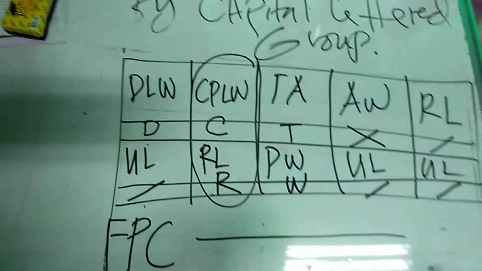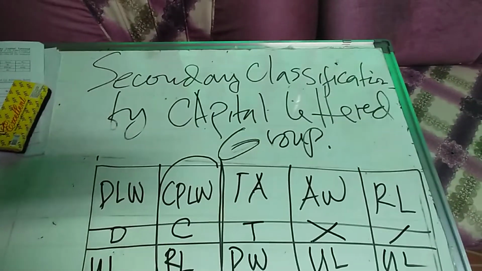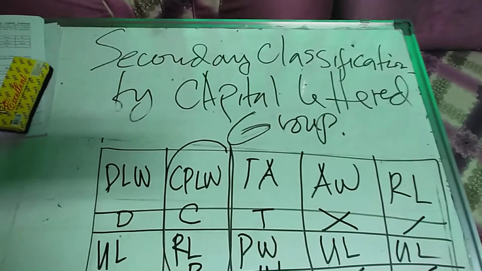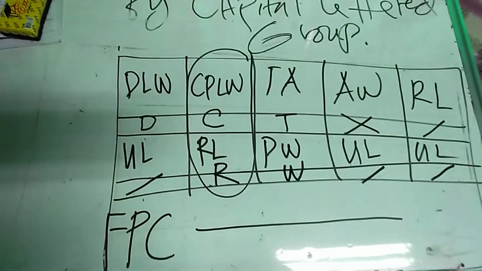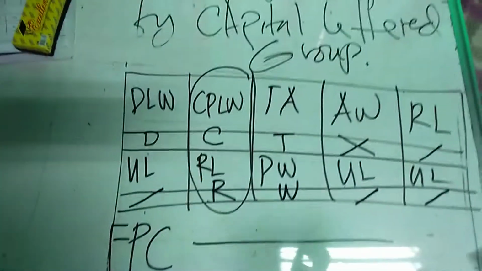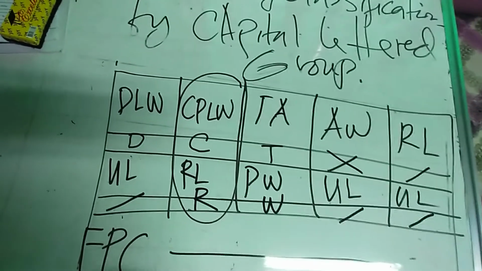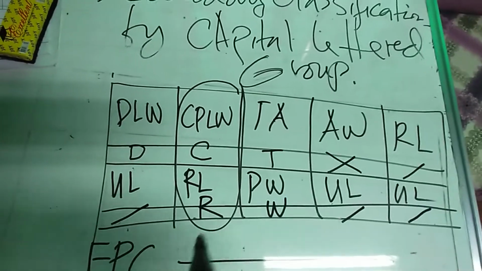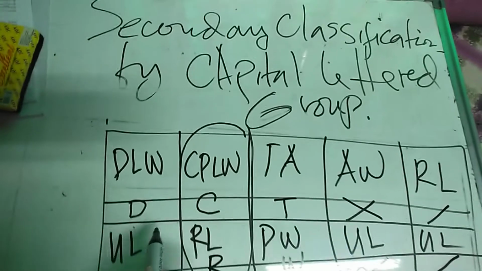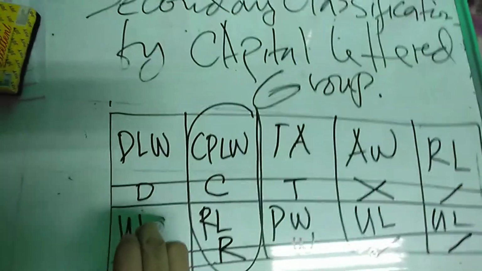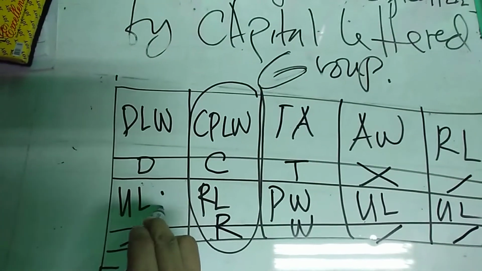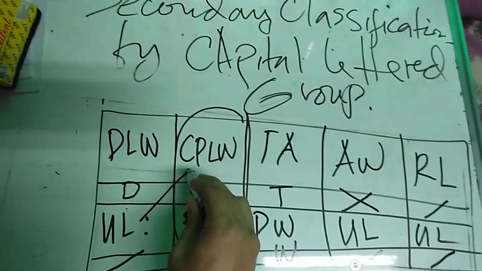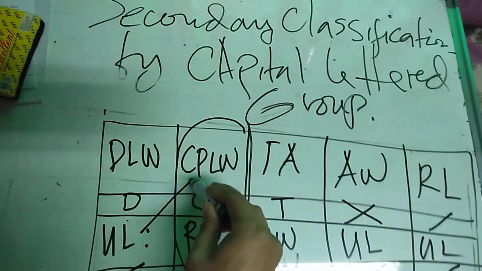So, primary classification first. Without the primary classification, we cannot proceed to the secondary classification. So, we have to look for the numerator and then the denominator. Under the numerator, we have to start on the left thumb. Ulnar, whirl. So, this is whirl.